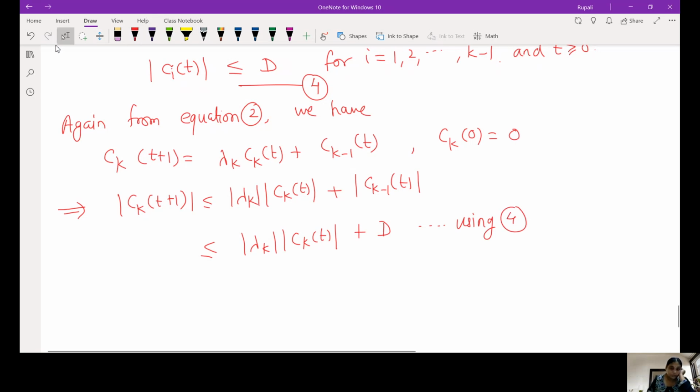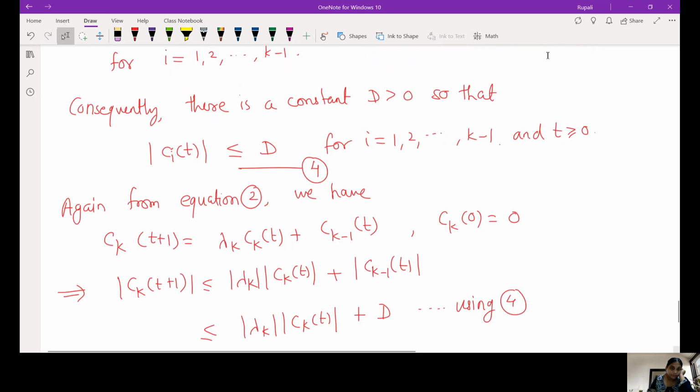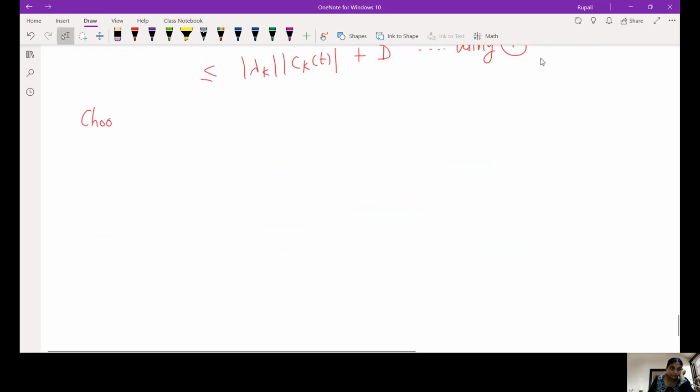Okay, now choose delta equal to the maximum of |lambda k plus 1| up to |lambda n|. The last one is |lambda n|, and we know that it is less than 1.